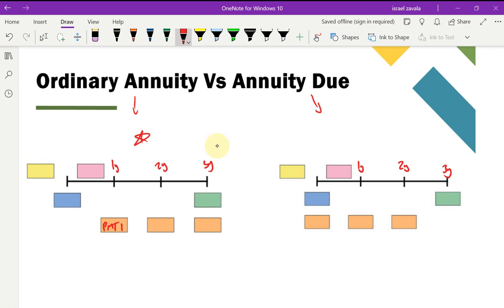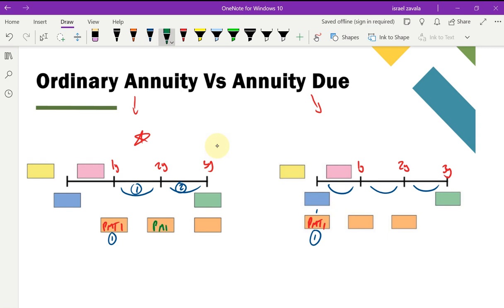I'm going to label the other one as well, payment 1. On the ordinary annuity, payment 1 actually gets to compound once, twice, 2 times. Whereas payment 1 over here gets to compound 1, 2, 3 times.